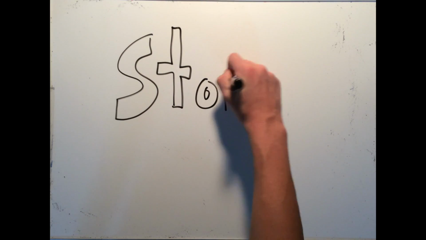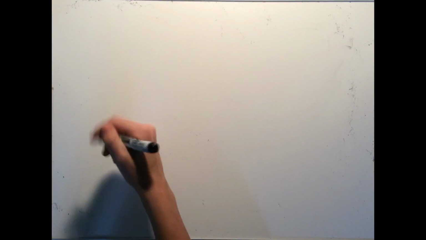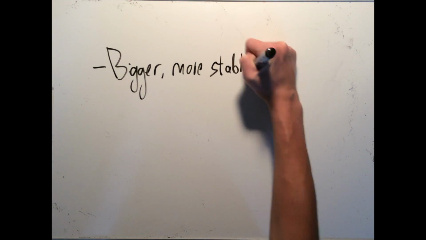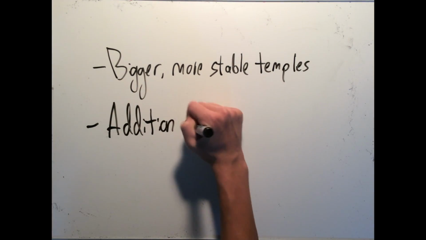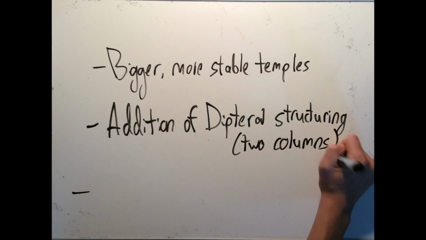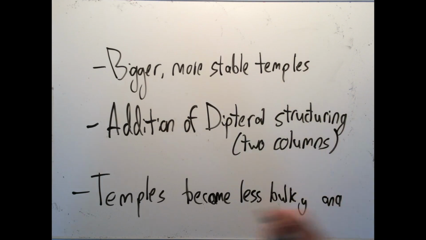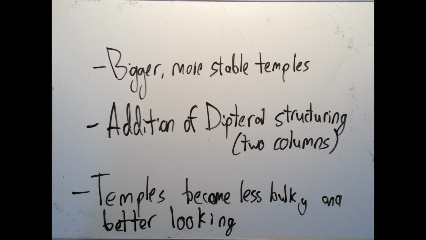Then came stone. With the addition of stone, Greeks started not building just the foundations out of stone. They started building the entire temples out of stone. This resulted in bigger, more stable temples. With the addition of dipteral structuring, which was the two-column thing we talked about earlier, temples became less bulky and started to look a little bit better.